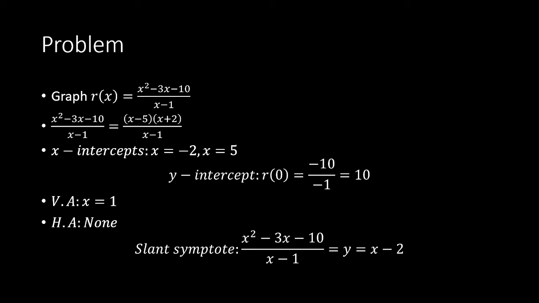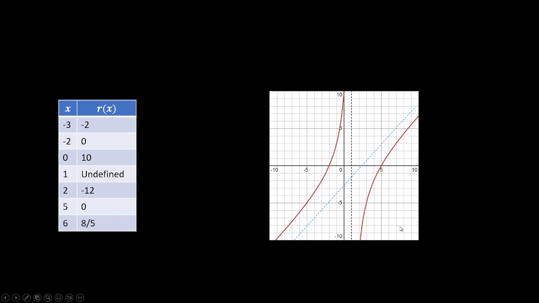But this is a special case, a slant asymptote. When you divide them, you get x minus 2. So you make the points and you graph it. This is section 3.5.